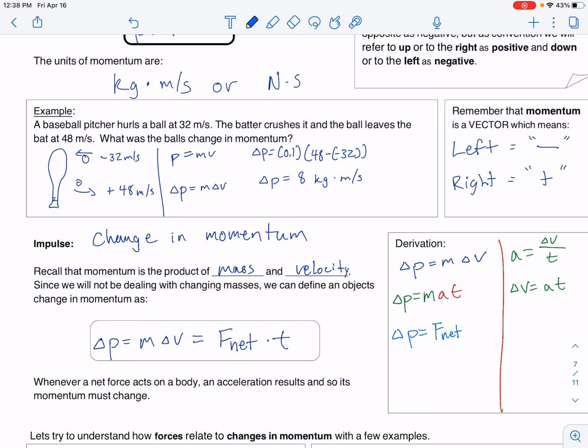We get Newton's second law, or net force, and we still have time. So let's try to see how forces relate to our changes in momentum or impulses with a few of these examples. We'll do one first, and then I'd like you to pause and do the remaining three.